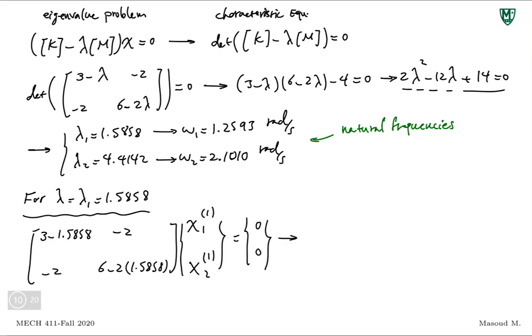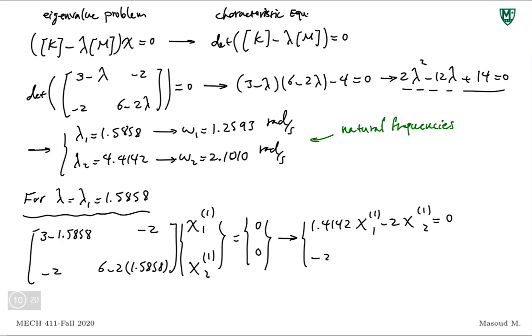Just numbers. Do the multiplication there. It gives you two equations. I already did the math, so it's going to be 1.4142 x11 minus 2 x12 is equal to 0.